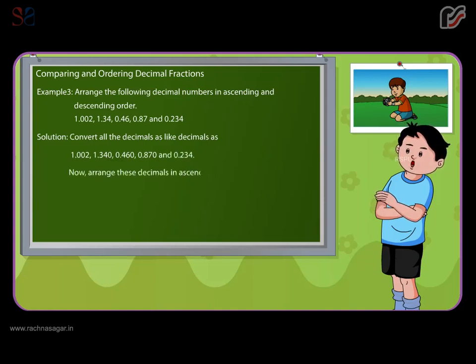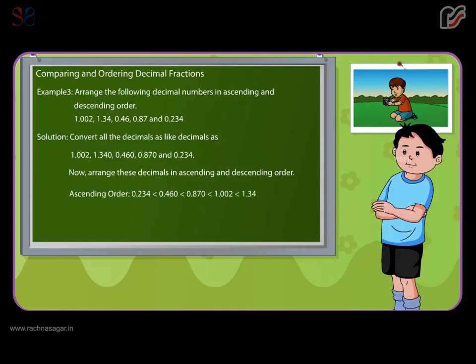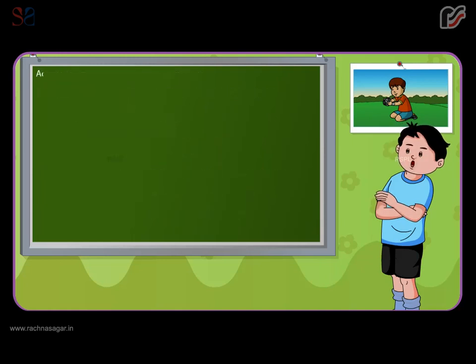Now arrange these decimals in ascending and descending order. Ascending order: 0.234 is smaller than 0.460, which is smaller than 0.870, which is smaller than 1.002, which is smaller than 1.340. Descending order: 1.340 is greater than 1.002, which is greater than 0.870, which is greater than 0.460, which is greater than 0.234.